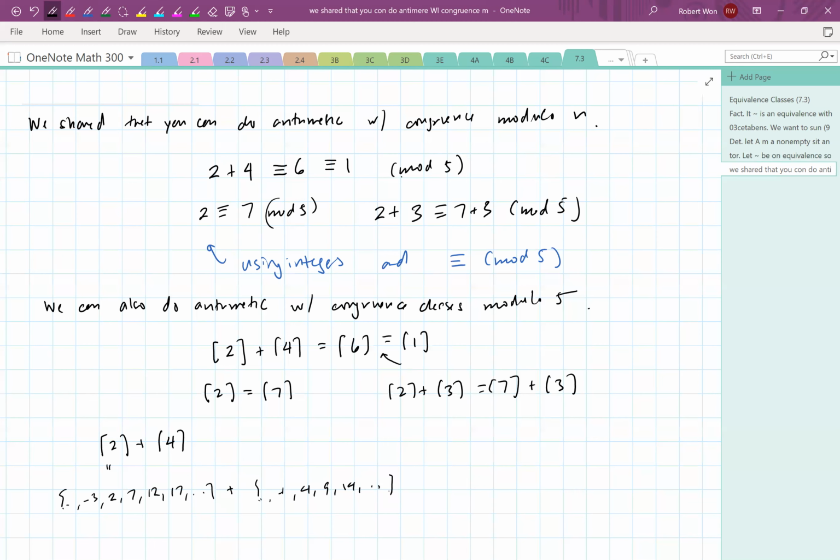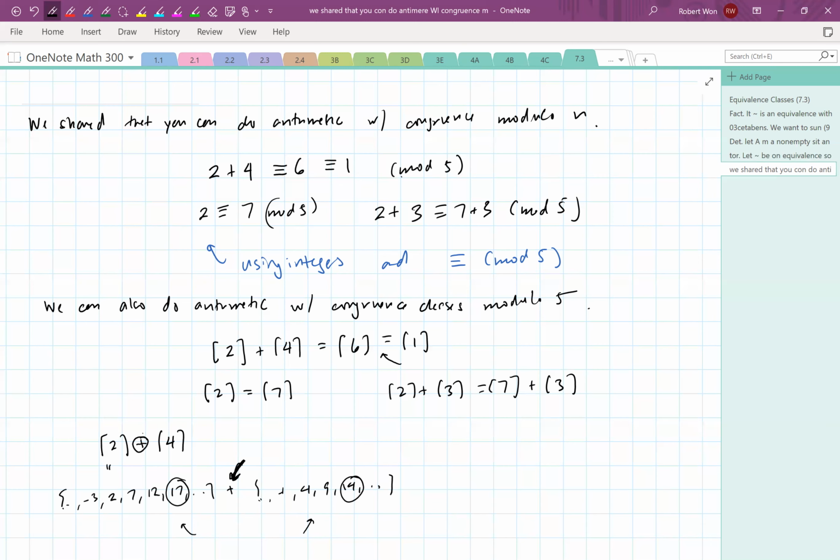Well, the point is that if you take any element from this equivalence class and any element from this equivalence class, you will always get something that's in the equivalence class of 1. However, I don't have any definition of how to add sets like this. So when I mean, take anything from this set and add it to anything from this set, I'll use a different symbol: the plus sign with a circle around it.